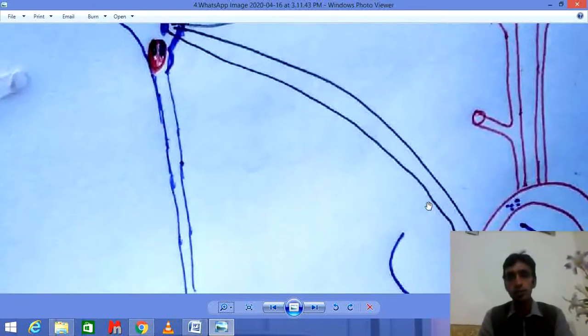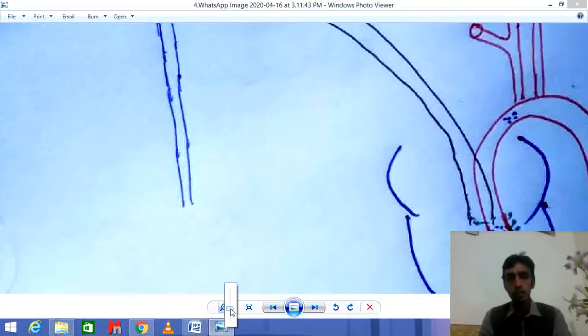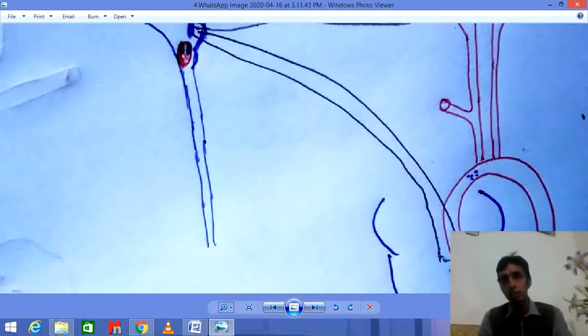Now, these afferent neurons transmit the signal from the carotid bodies, or from the baroreceptors of the carotid sinus, to the Tractus Solitarius.